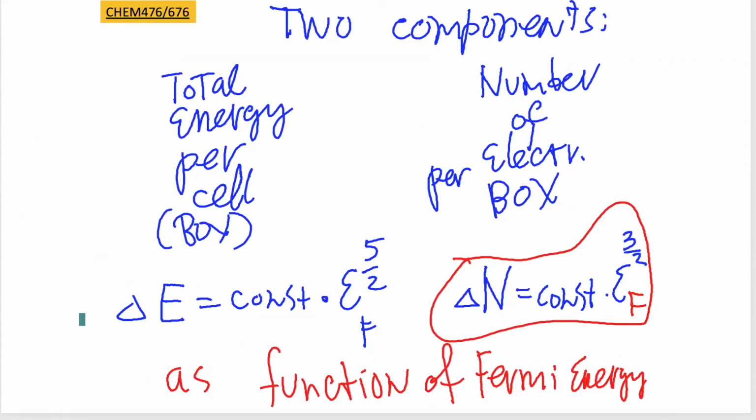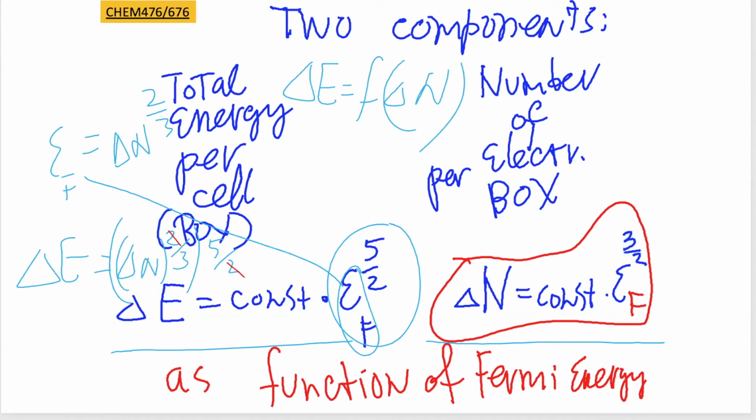So the number of electrons inside the box is the Fermi energy to the power 3/2. And if I invert this dependence, then the Fermi energy will be the number of electrons to the power 2/3, right? So the Fermi energy is the number of electrons to the power 2/3.